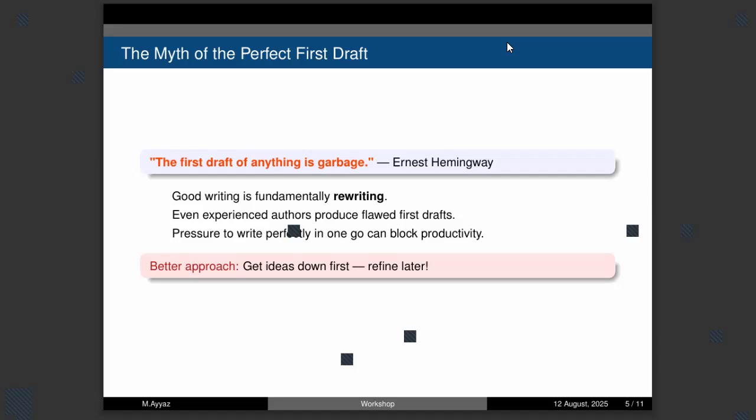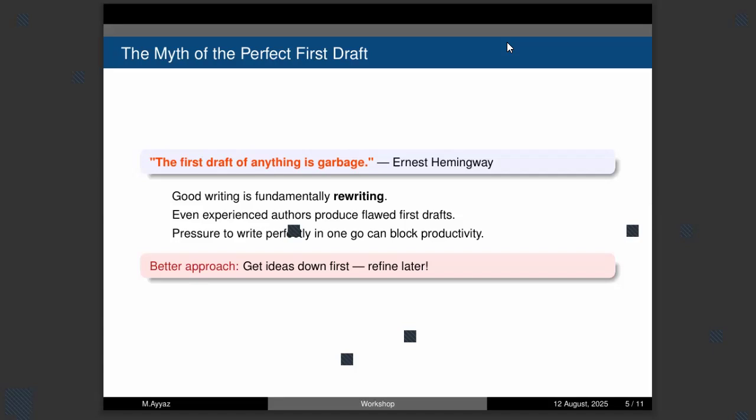And even experienced authors produce flawed first drafts. But perfection blocks our productivity. So in the first attempt, write as much and as quickly as you can, jot down your ideas on paper or on the screen of your laptop, and then refine it later many times if you like.